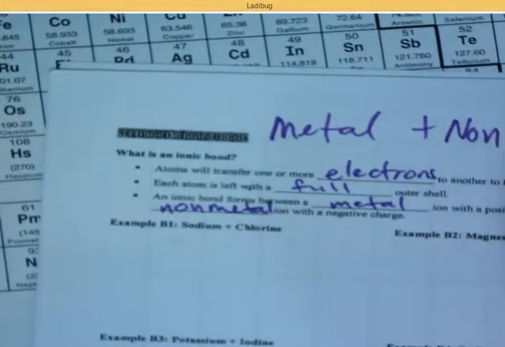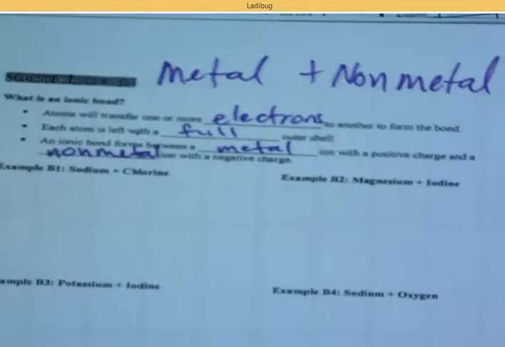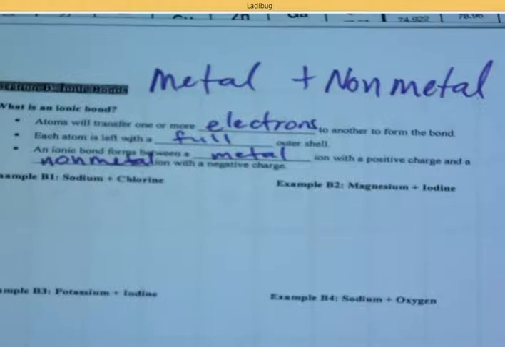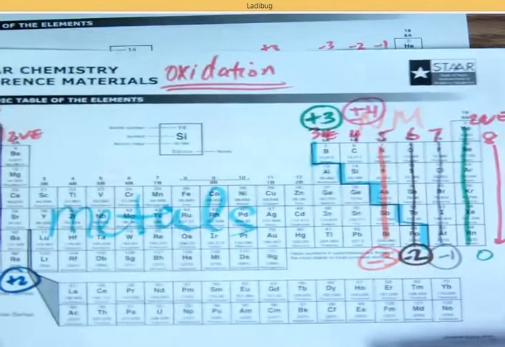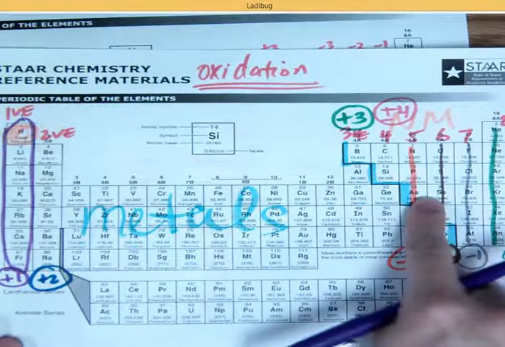If you know that, then you can recognize an ionic bond right away. Why is it a metal, non-metal? Because earlier we mentioned the periodic table. Metals are on the left side, non-metals are on the right side.